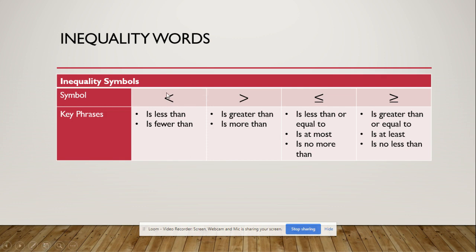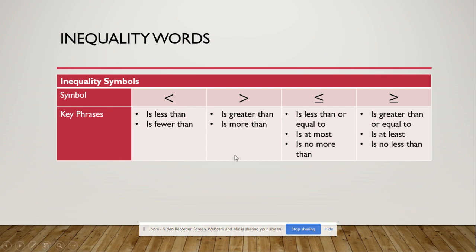So this is the less than symbol. Sometimes as we use normal language, we don't always say "is less than" in our normal speak. And same thing with word problems. You're not always going to see them identify that exact same phrasing, which is why we have this reference for you to help you identify which symbol they're talking about depending on what words they use.